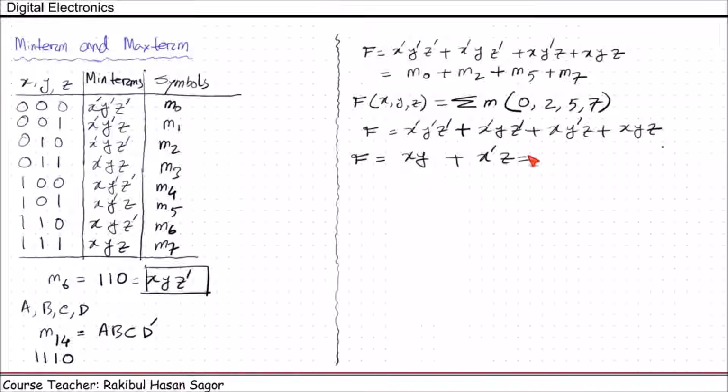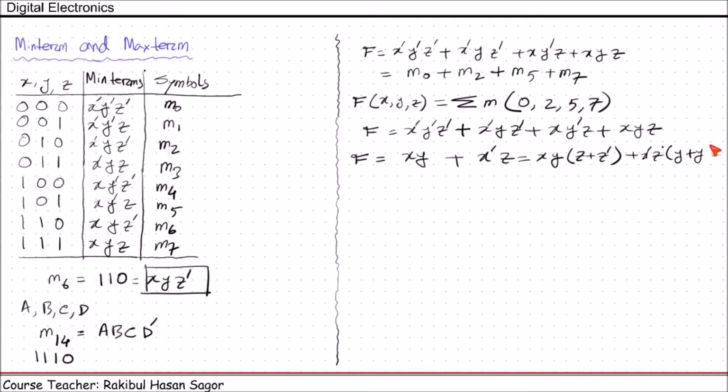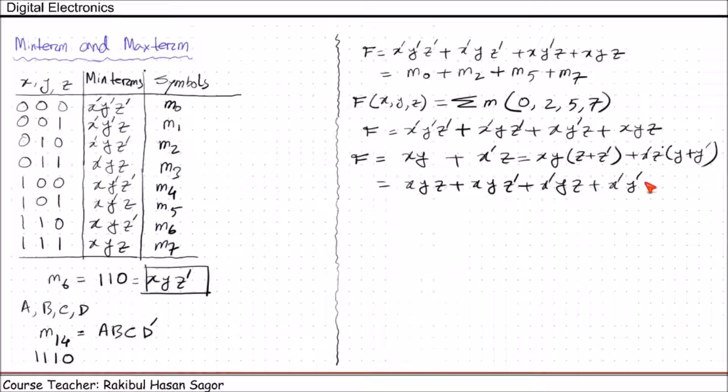We know the procedure: x y, we multiply by z plus z prime, the missing term is z here, plus x prime z, multiplied by y plus y prime. Finally, we can write x y z plus x y z prime plus x prime y z plus x prime y prime z.